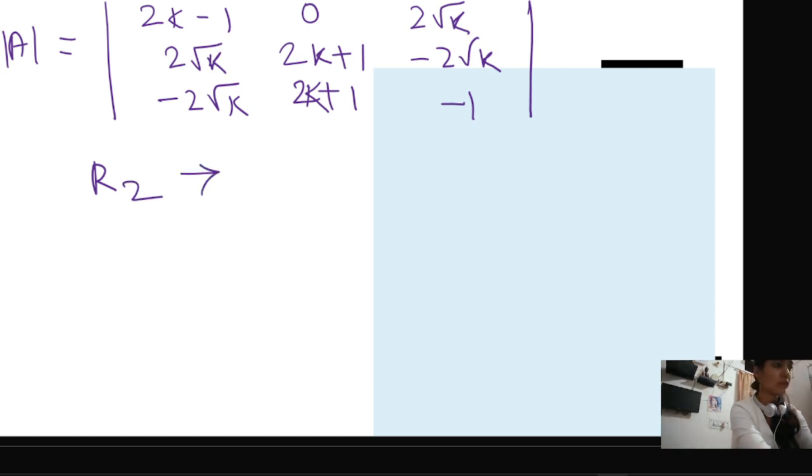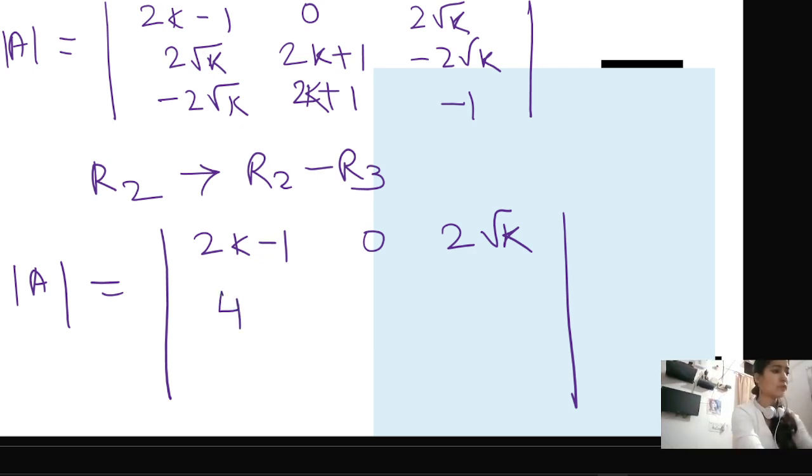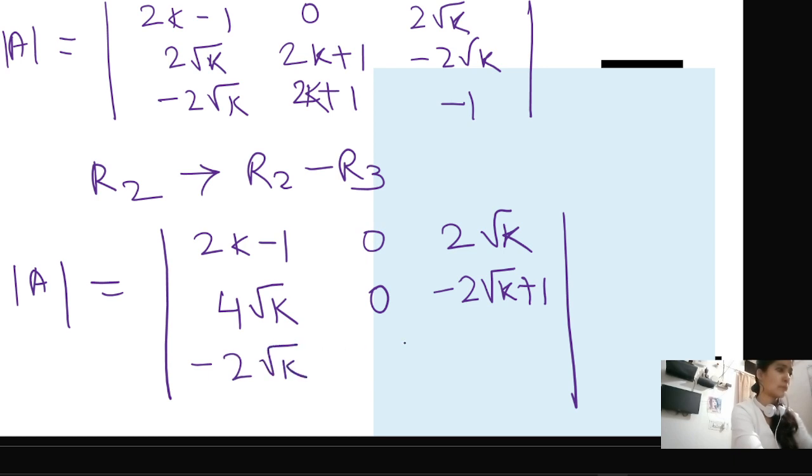Okay. So from here we are getting 2k minus 1. Write row 1 as it is, 2 root k, and then subtract this one. So from here what we are getting is 4 root k. This will become 0, minus 2 root k plus 1, and write this row as it is. Minus 1. Okay. So what we can do now, we can open this determinant along this column 2.